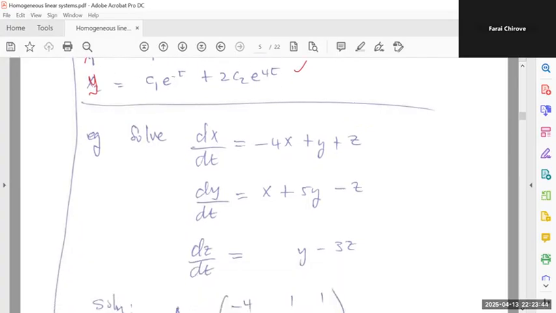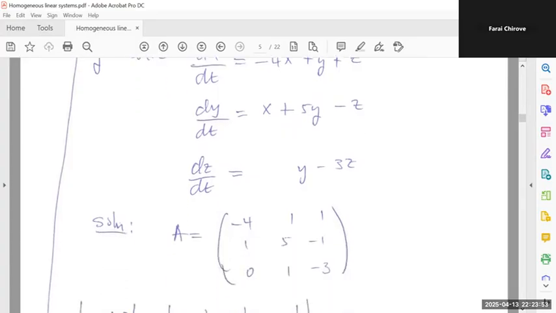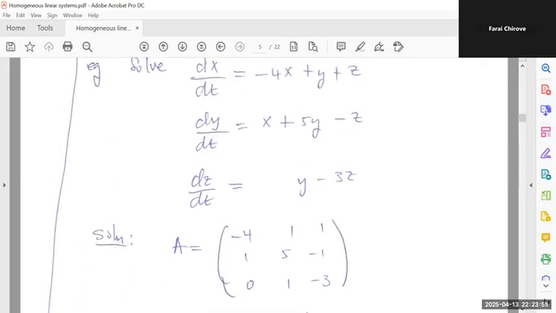Okay, let's look at a 3 by 3 system. And this is linear and homogeneous. So all we do is collect the coefficients. All terms associated with x are going to be put under the first column.